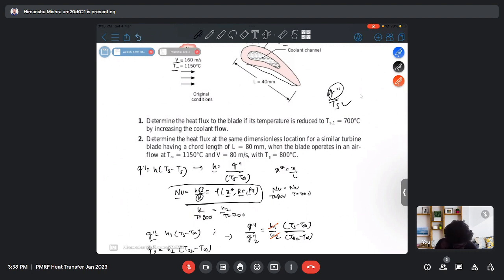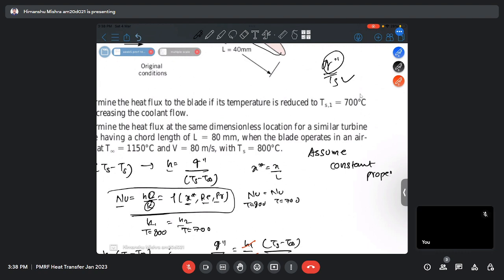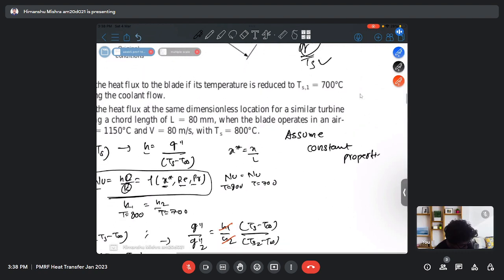Because there is a considerable change of 100 degrees Celsius, and we are assuming Prandtl number, Reynolds number constant, but k, how can we do this? That k is also constant. So here we will assume the constant property, so we will not worry about the change in the property with temperature here.